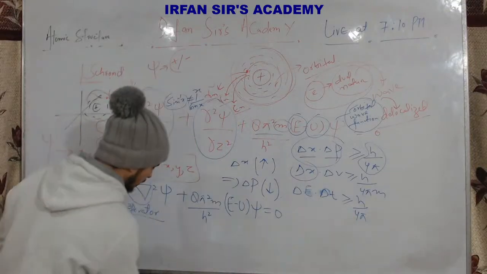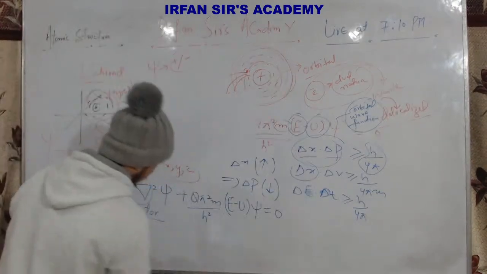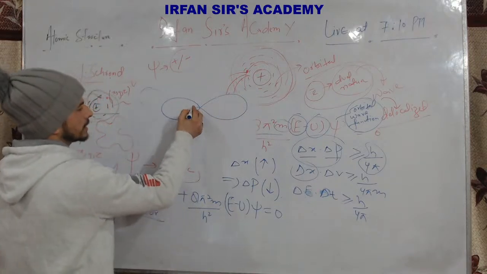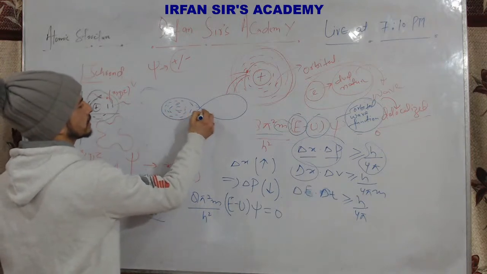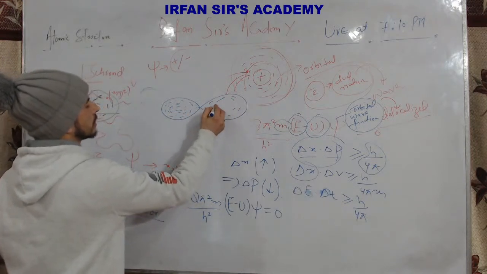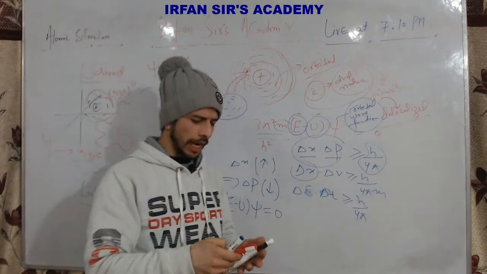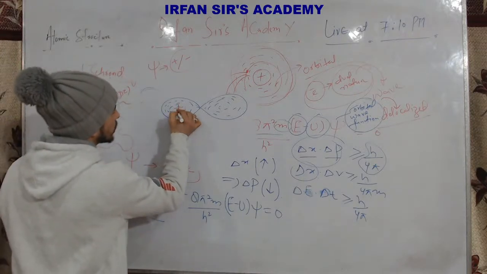That's why in different orbitals, like in case of s orbital, you write this is the s orbital, the shape of s orbital. In many books you see this is positive, this is negative.